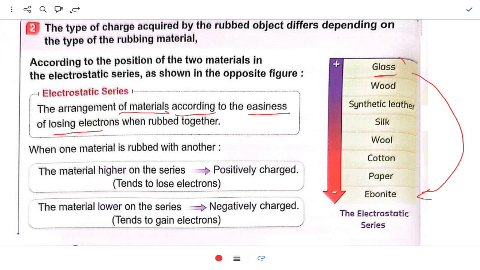The first one will lose electrons more easily than any other material. So if we rub glass and ebonite, the glass will lose the electrons, and the ebonite will gain these electrons.